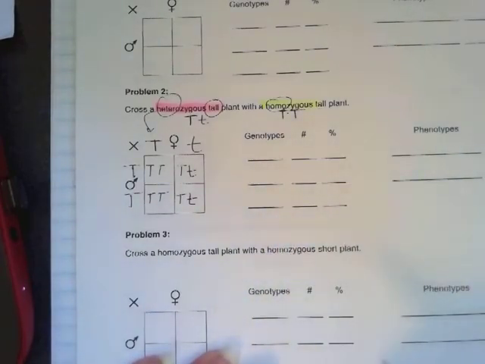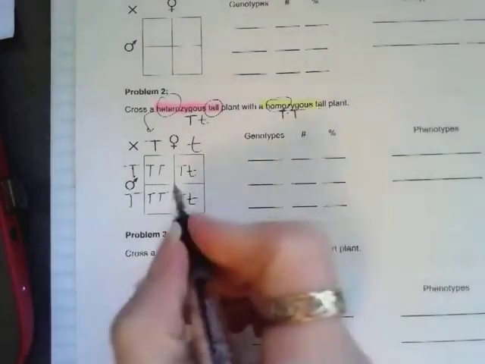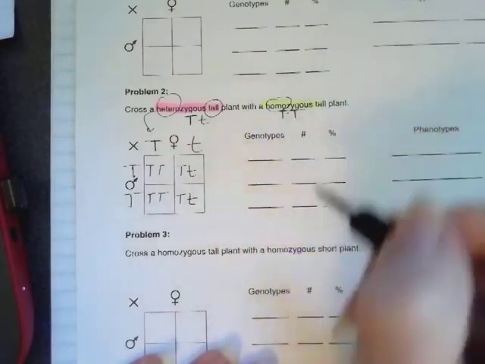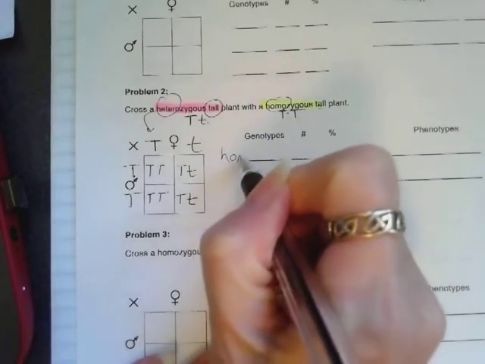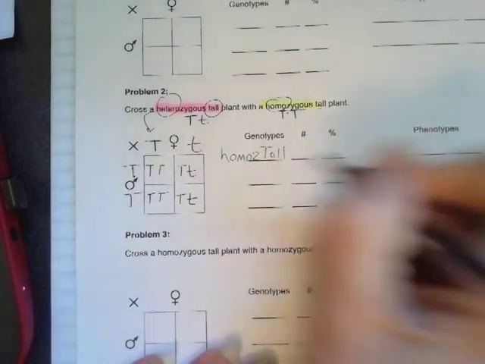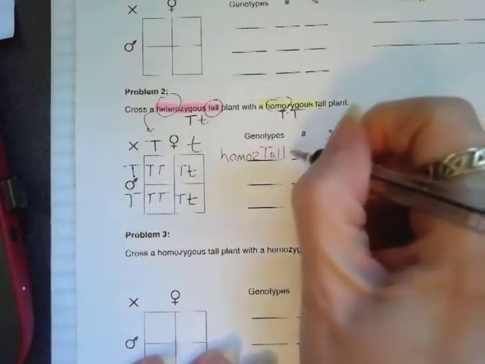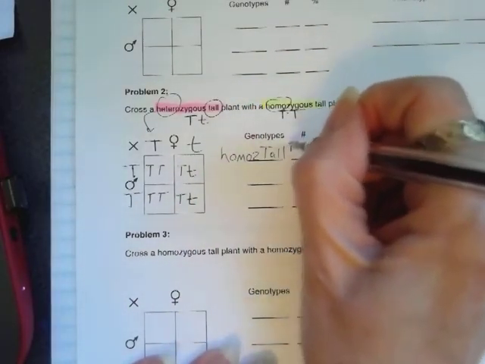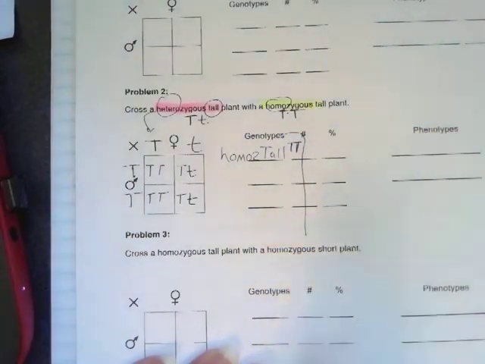So the first thing we're going to do is look at genotypes. So we're going to look at the letters. So first one, we've got three different things. We could have homozygous tall. You know, that would be a TT, capital T, capital T. And I'm running over in here into my number section.